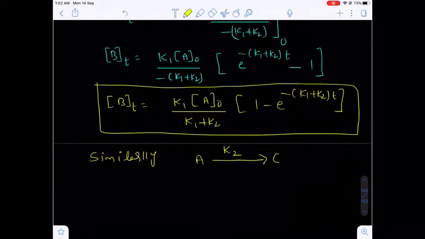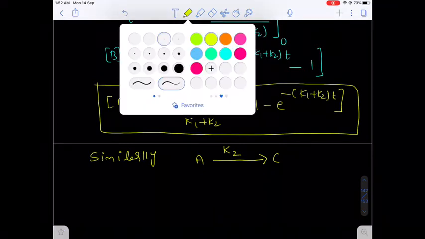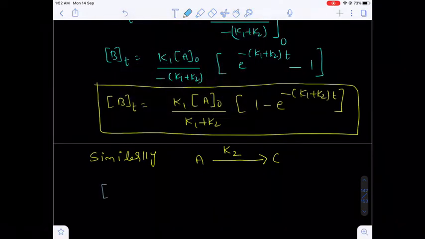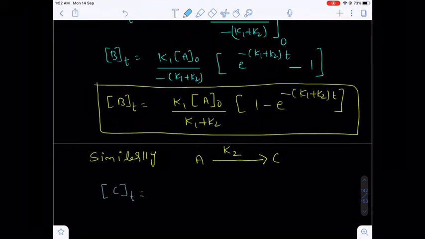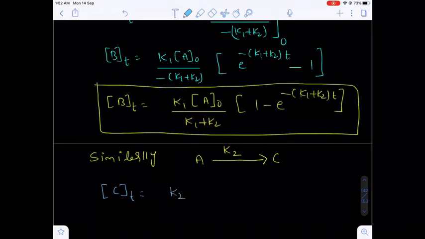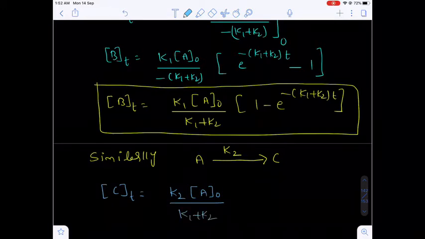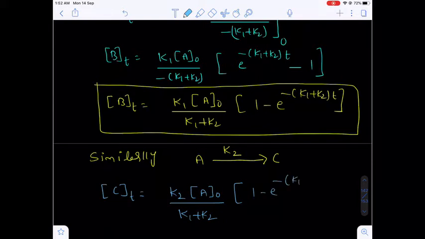So in the above expression, instead of K1 you can put K2, and instead of B you can put C. So the concentration of product C at time t is Ct equal to K2 times the initial concentration, divided by (K1 plus K2), into 1 minus e to the power minus (K1 plus K2) into t.